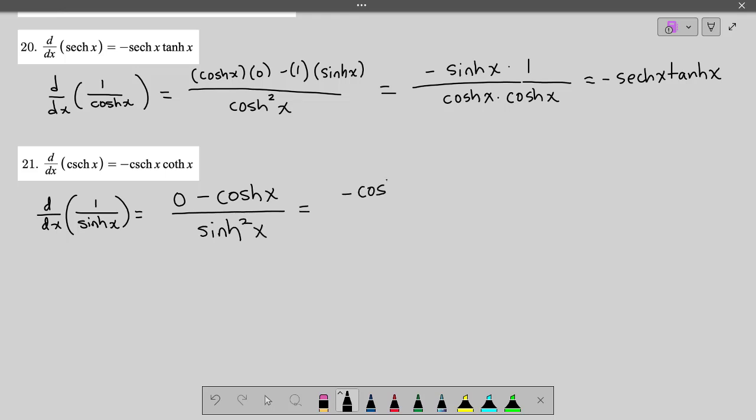Again, we can imagine splitting the denominator into a sinh times a sinh and introducing a 1 in the numerator just to make it cleaner. 1 over sinh is cosec. And that's cotang and a minus. So cosec times cotang. So that's how we get to all those other derivatives.